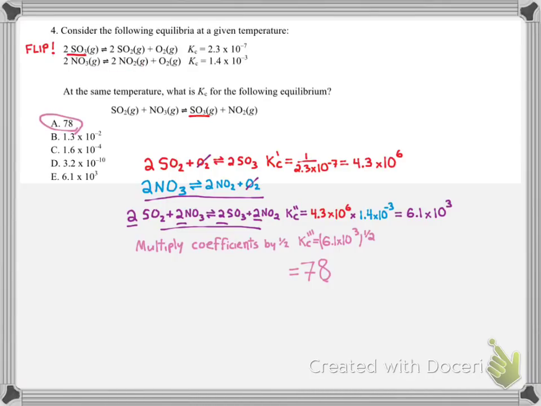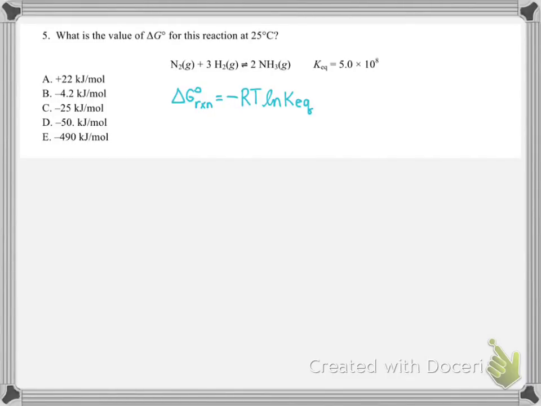Woo! In this problem, we want to relate delta G standard to the information that we're given. In this case, we're given a KEQ, and the equation to do that is this one right here. So anytime you want to relate free energy, standard free energy change of a reaction, and KEQ, this is your go-to equation.